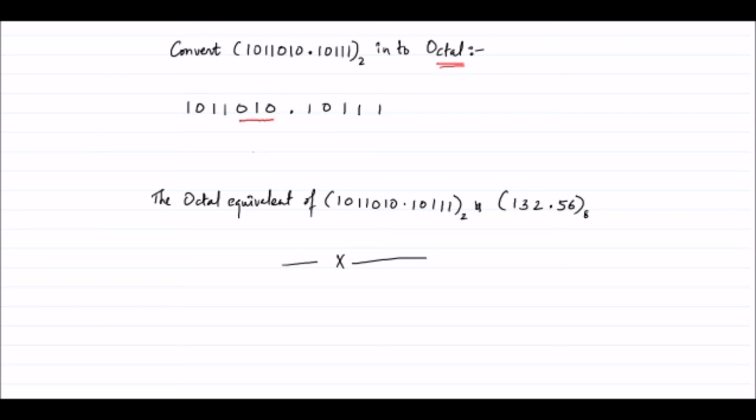Okay, this one is one group, these 3 will represent 1, and we have only 1 digit here. But for octal we need to have at least 3 bits, right? So that is why I have represented 00 here.